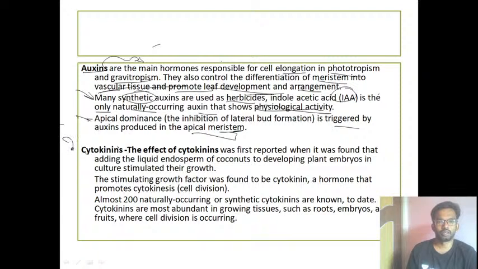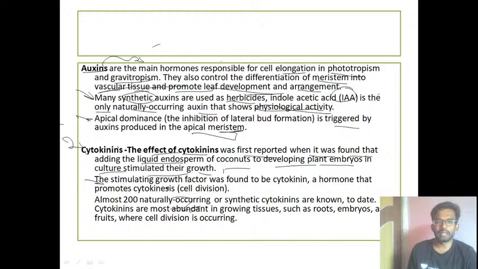Okay, cytokinin. The effect of cytokinin was first reported when it was found that adding the liquid endosperm of coconut tree to plant embryos in culture stimulates their growth.